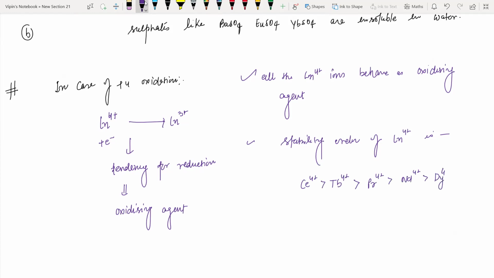You can easily understand this stability order.